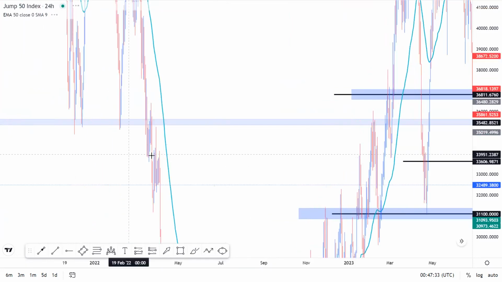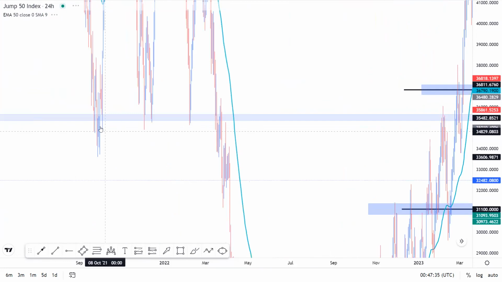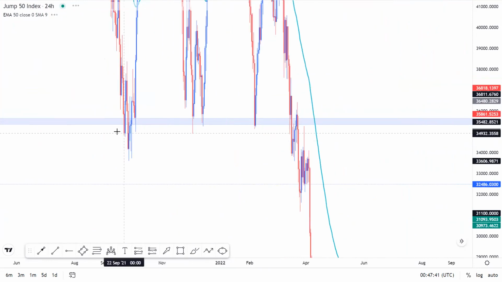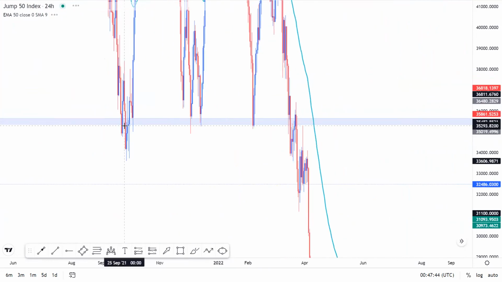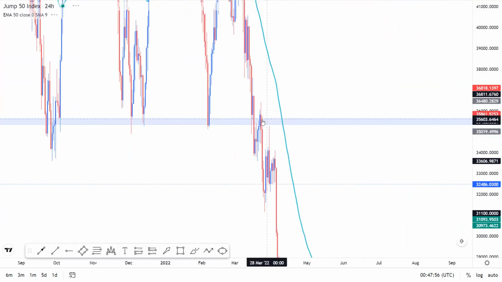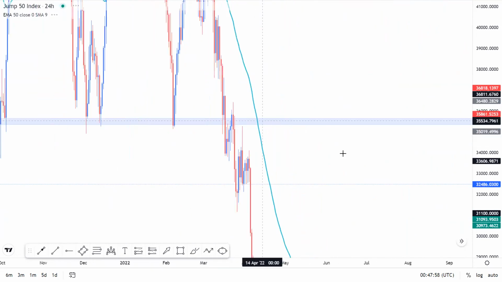And you can see, I'm not making this up, guys, all the way back to 2021. And this right here is sometime around October 2021. You can see we came into the level and then the level acted as a support. Right about here, support. And then we had a break below the level with the level acting as a resistance.